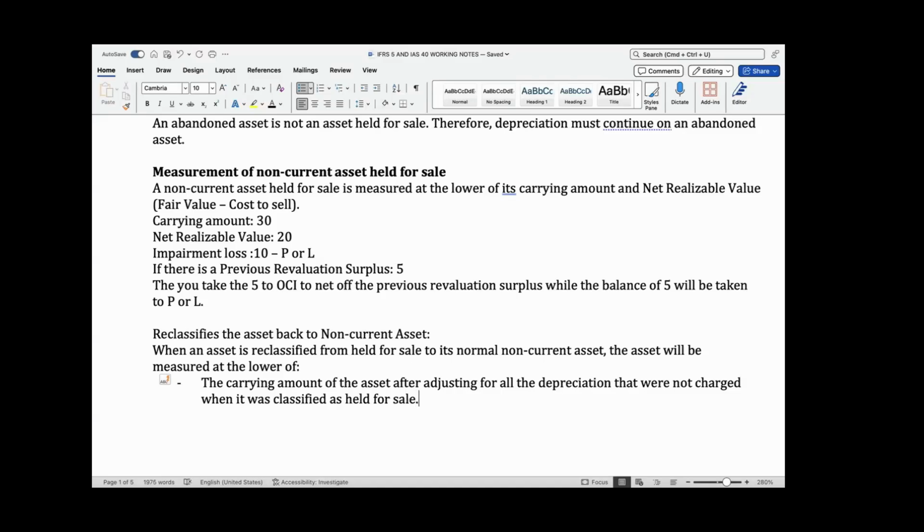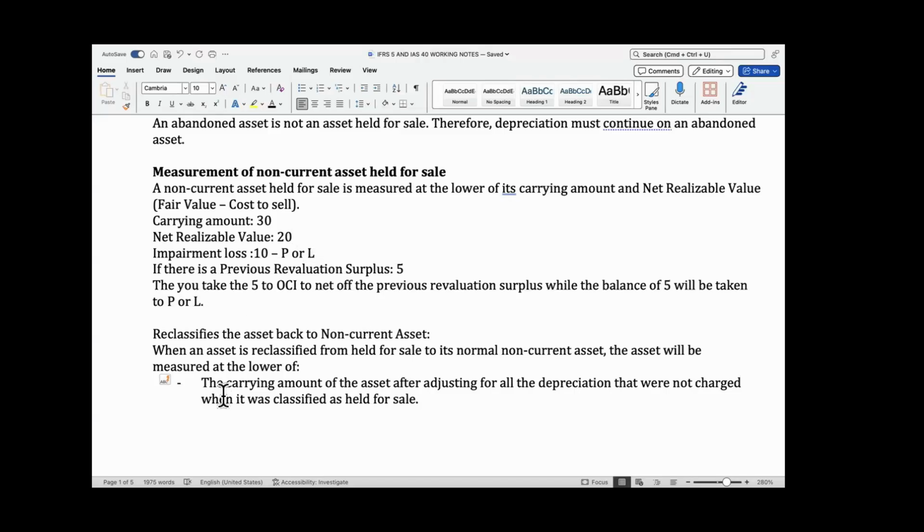So at the date you want to reclassify it back to its normal non-current assets, you ask yourself, what was the carrying amount at that date? Let's say it was this 20. You will now deduct the depreciation you did not charge. Remember, when you classify an asset as held for sale, you will not charge depreciation. So all the depreciation you were supposed to charge and did not charge, you deduct from the asset.